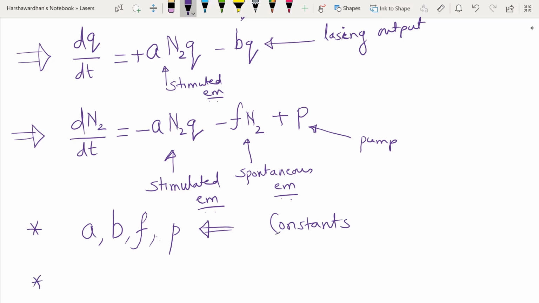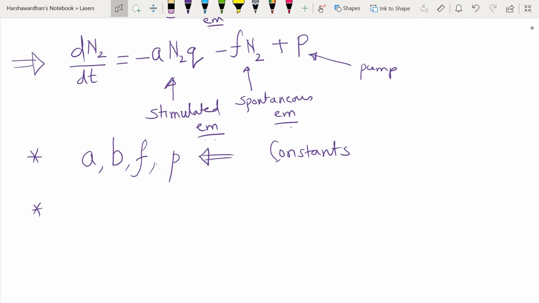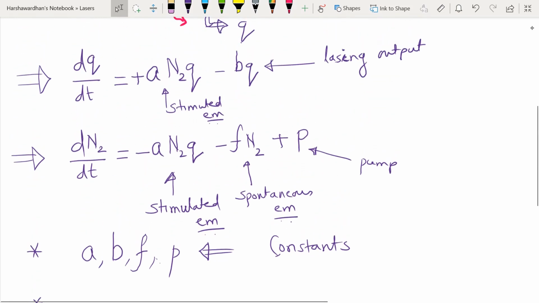The second important note which I want to emphasize is that the equations that I have written down are indeed first order differential equations, and they are coupled because you see clearly that the dependent variables Q and N2 are there in both the equations.